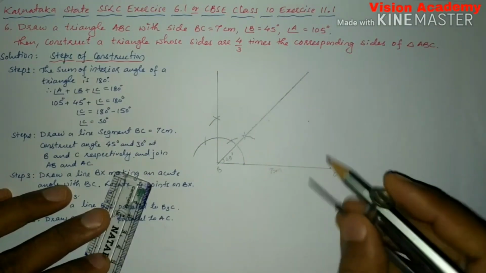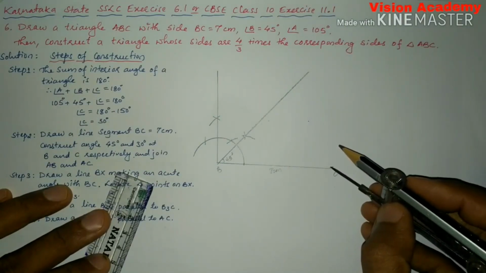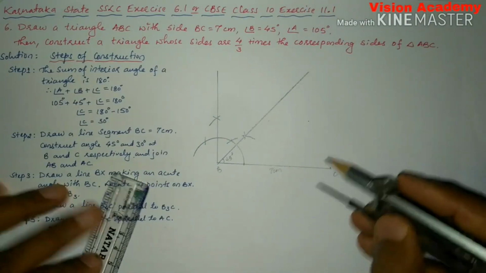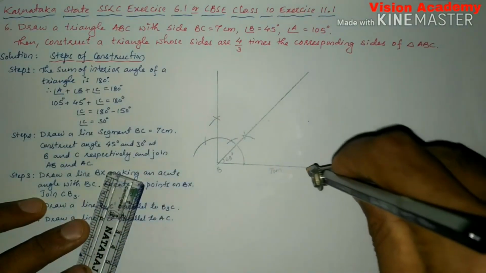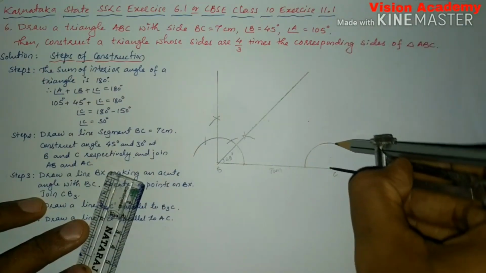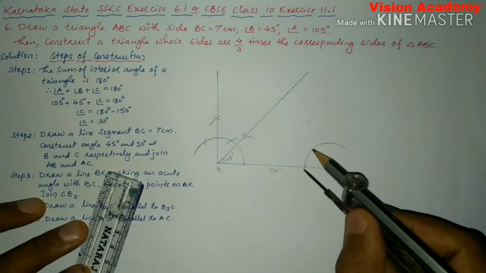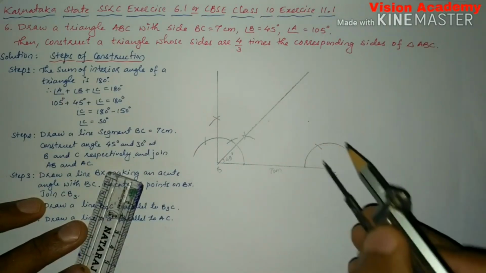Now let us draw the angle C as 30. Let me draw an arc from here, and from this point I'm going to cut it here.